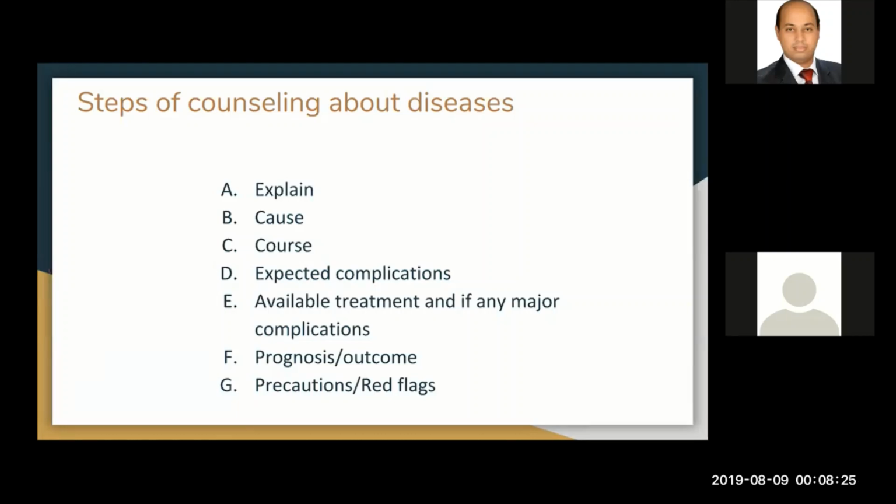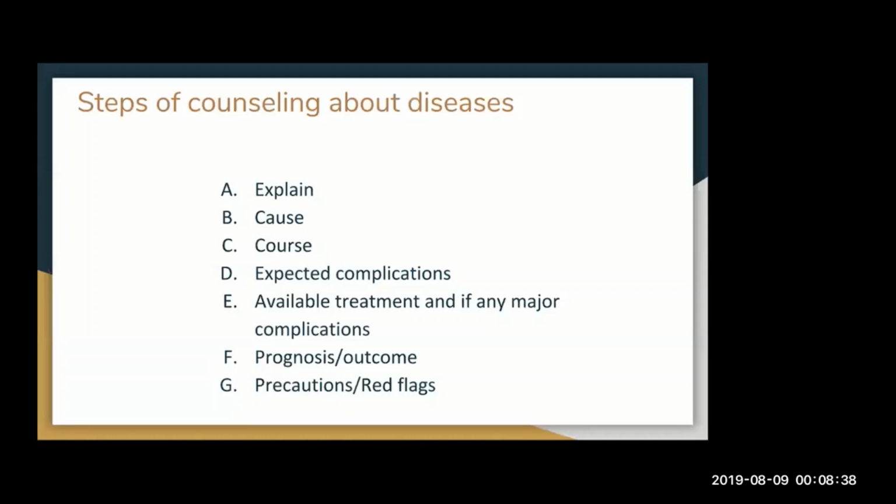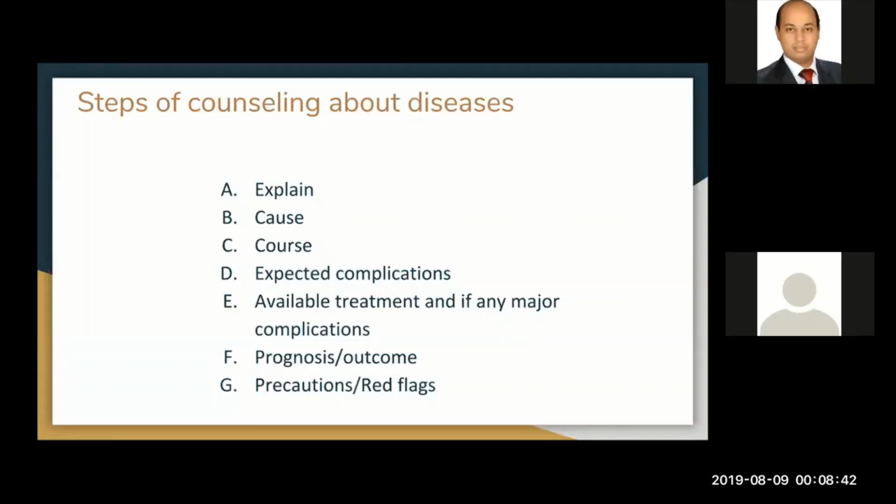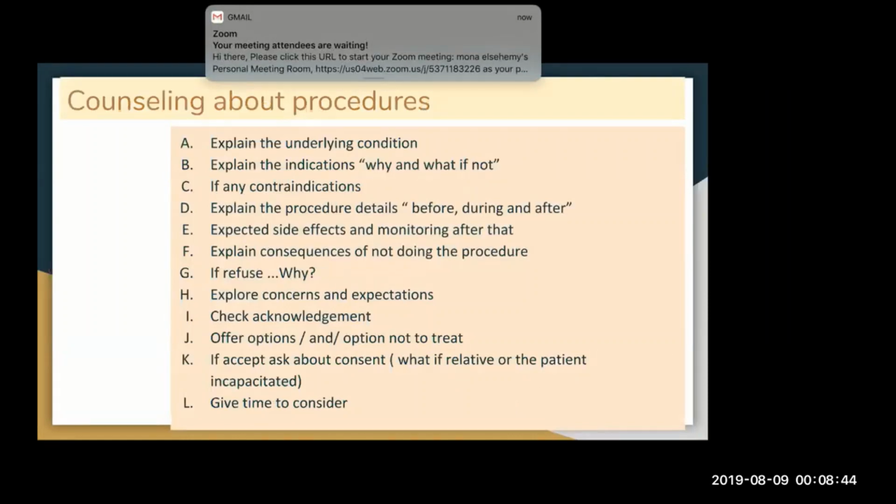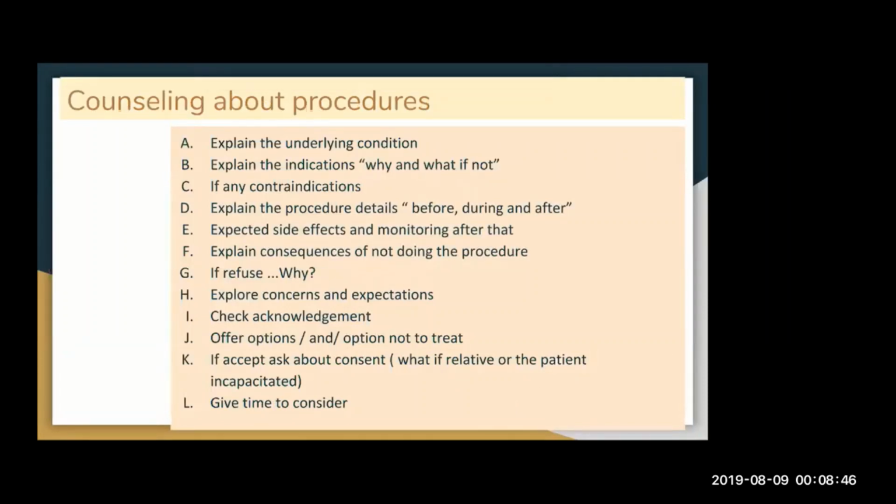In order to have this autonomy, he should be competent. Competent means he is an adult, conscious, and able to receive, retain, and recall information. So he is able to recall the information you gave to him, and also give a decision based on balancing the benefits and risks.